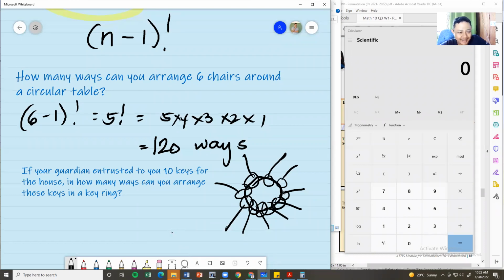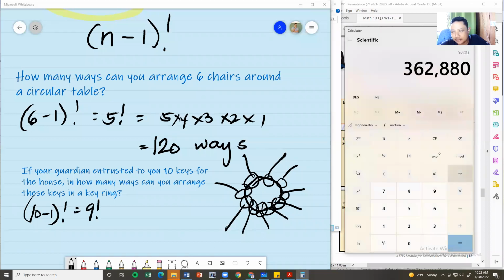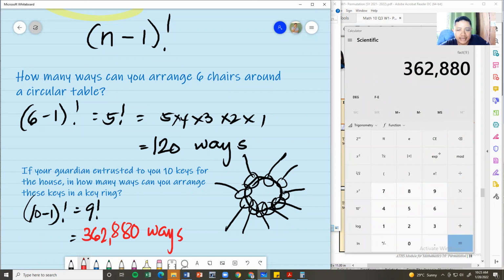Okay, so we have 10 minus 1 factorial. That's 9 factorial. And 9 factorial is 362,880 ways. That's it.